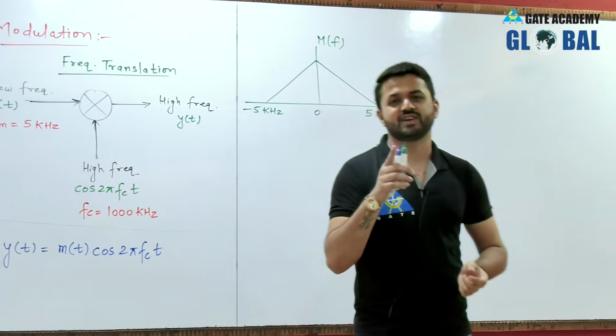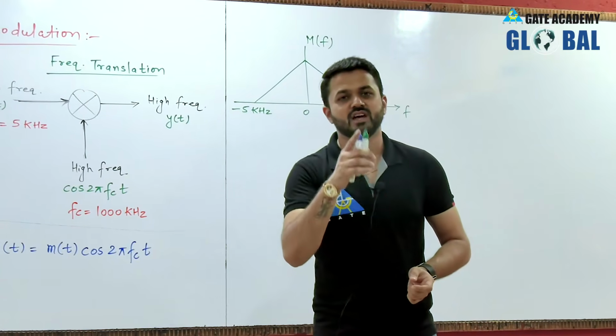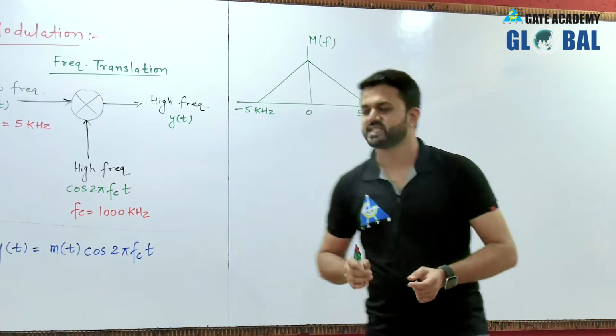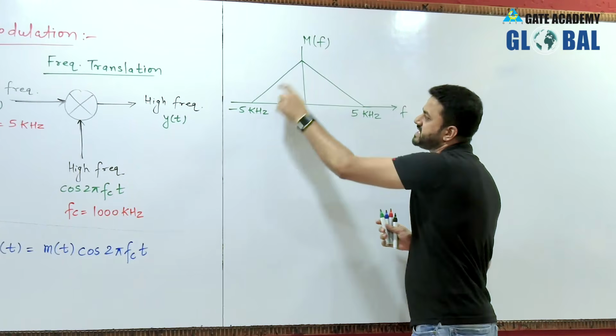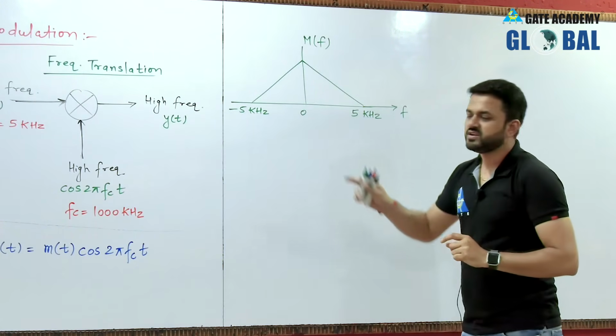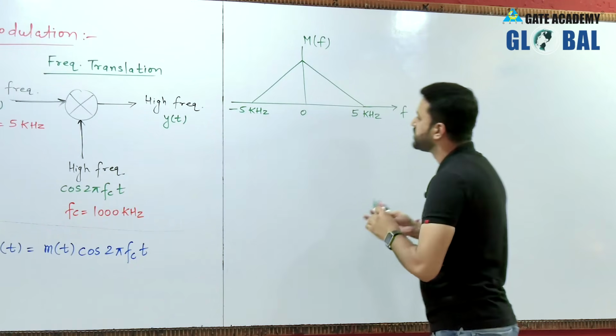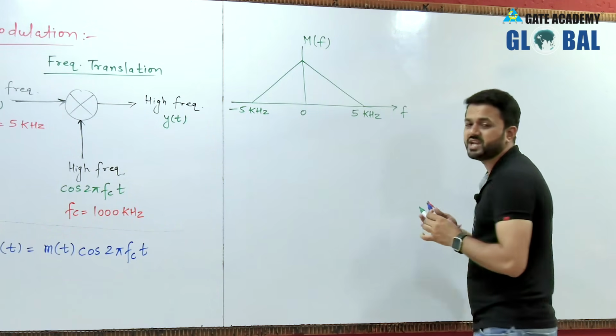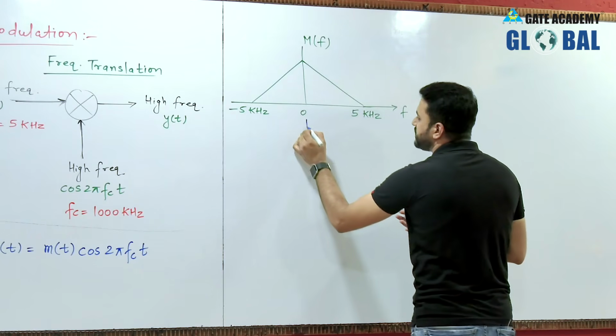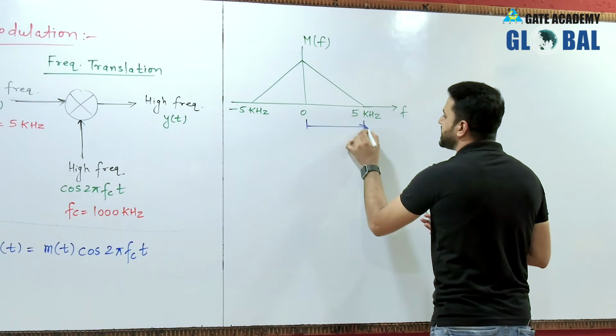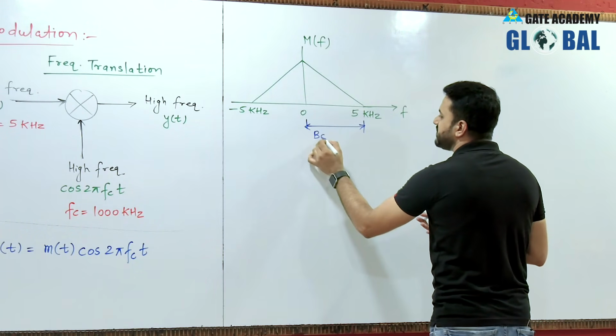All low frequency or low pass signals should be centered at the origin. Now you can see it is centered about the origin with maximum frequency 5 kilohertz. It is measured only from the positive side of the spectrum, so this signal has a bandwidth of 5 kilohertz.